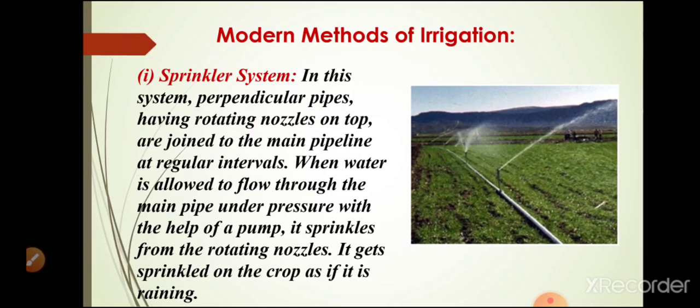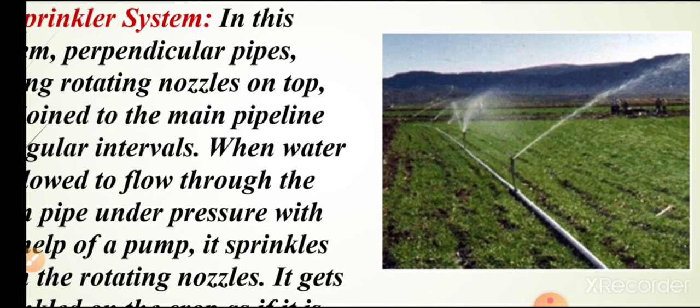Students, the sprinkler system is a very useful method on uneven land where sufficient water is not available. So how does a sprinkler system work? Here there is a perpendicular pipe having rotating nozzles at the top. These are joined to the main pipeline at regular intervals.